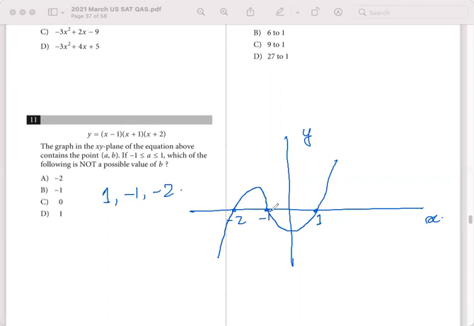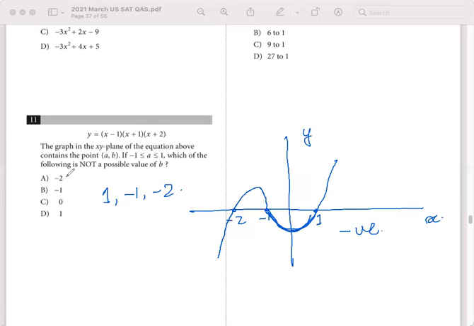So you can see that between -1 and 1, if I take any value of x between -1 and 1, the value of the graph is negative, because the graph is below the x-axis, right? So which of the following is not a possible value of b? That is something that I have to look at.